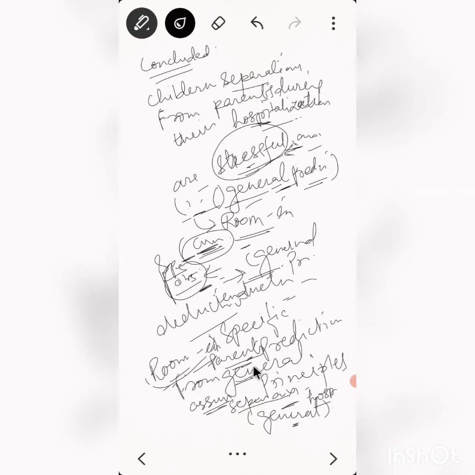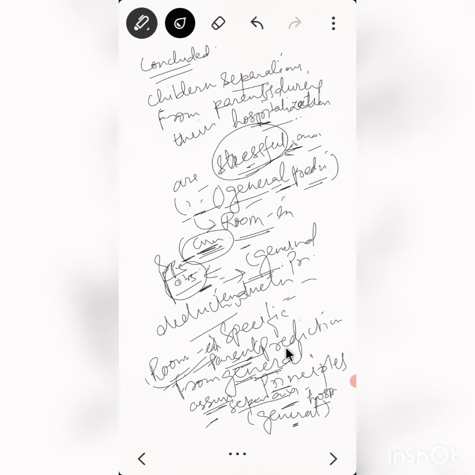So by general principle, we are extracting the specific prediction. By general principle, we are extracting specific prediction. So this is deductive reasoning.